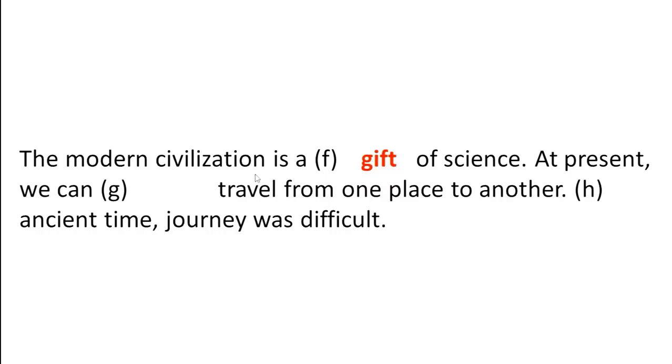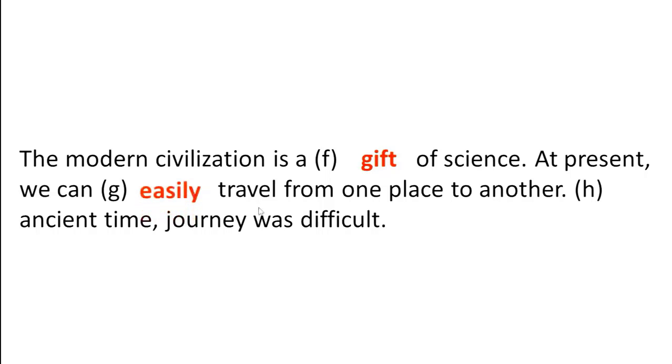At present we can dash travel from one place to another. Look at here, travel is a verb. So we can use an adverb before a verb. So it can be easily.